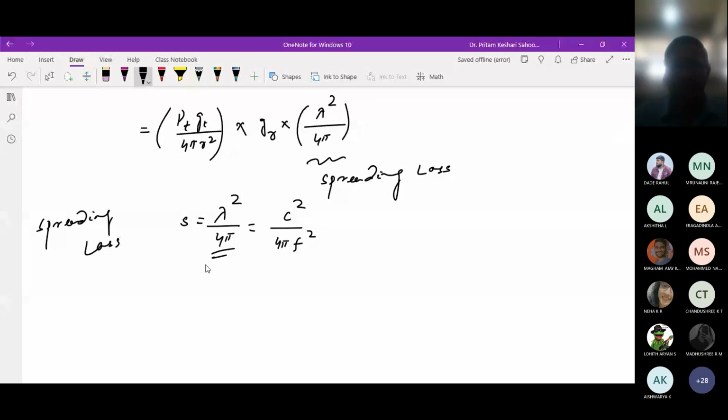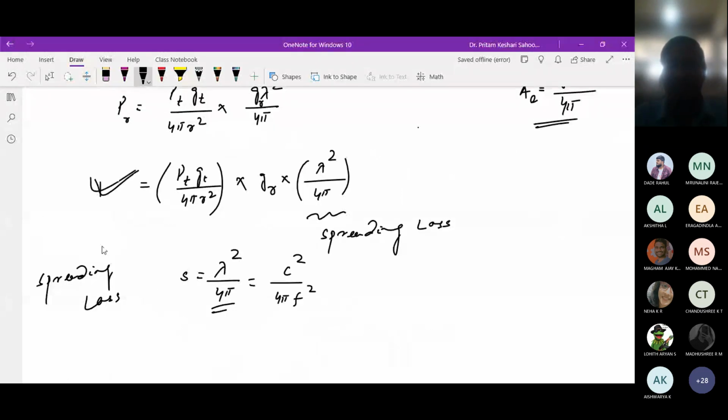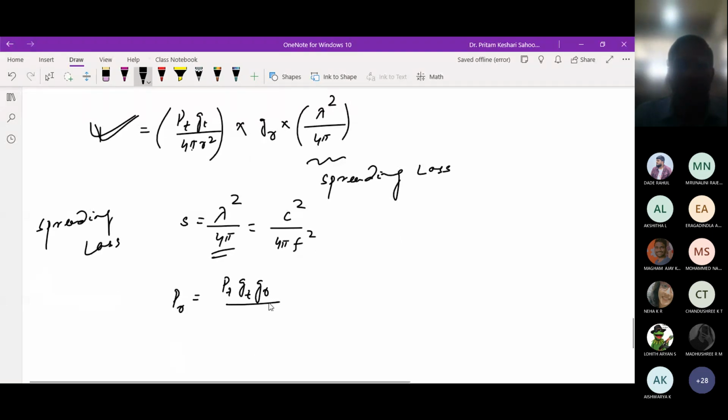I'm writing this equation again. PR is equal to PT GT GR, where I have multiplied by GR. In the numerator you will have lambda square, and in the denominator 4 pi square into r square.